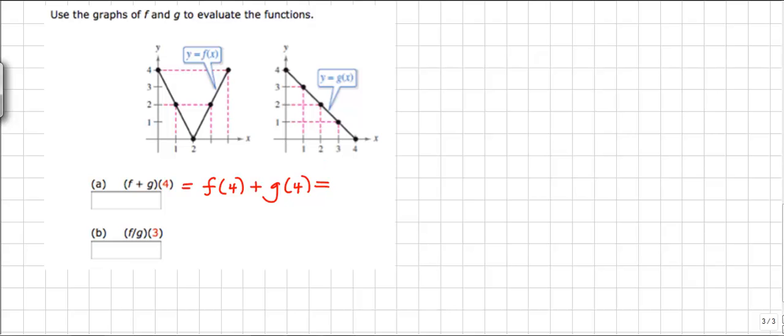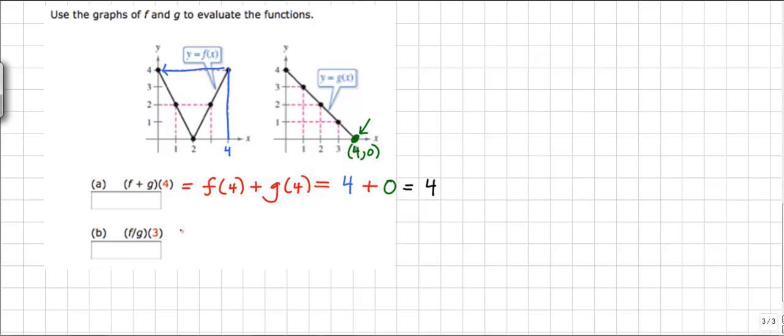Well, this means I need to go to my graph, find the value x equals 4 on the graph of f, and calculate the y value that goes along with that guy. And then similarly on the graph of g, find the value of 4, look at the ordered pair, and get the y coordinate. So here we would have 4 plus 0 for a total of 4.